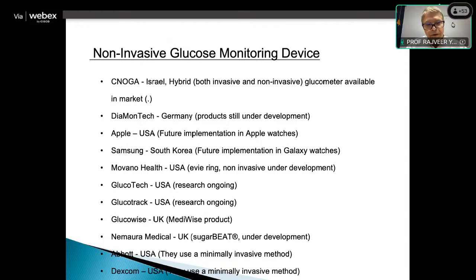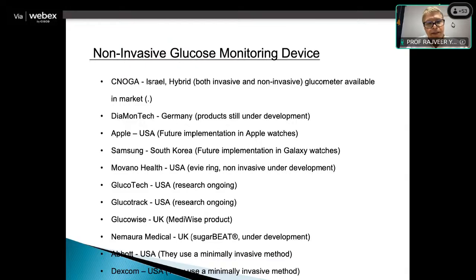If it is possible, then you may someday wear this particular ring, but it is radio frequency based. Glucotech, USA, is also heavily working on this device, but still under research. Glucotrack is another USA company. They are also working on the same target, but it is still in research.